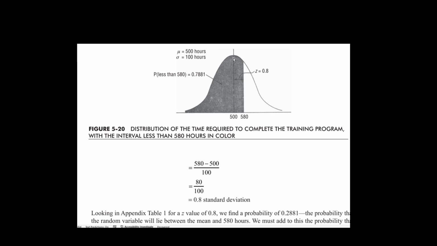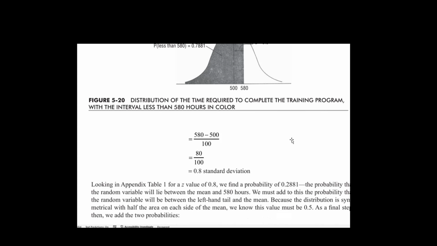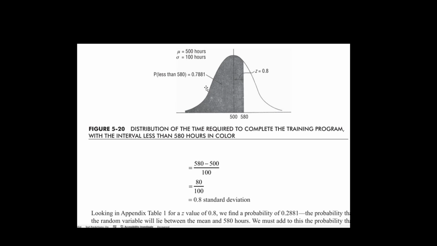So what we have got is this area, on the right side of z equal to 0 and z equal to 0.8, which is available to us from the table. But we want this entire area, because the requirement is lesser than 550. So this total area is required, so obviously we have to add 0.5 to this area to get the total value.